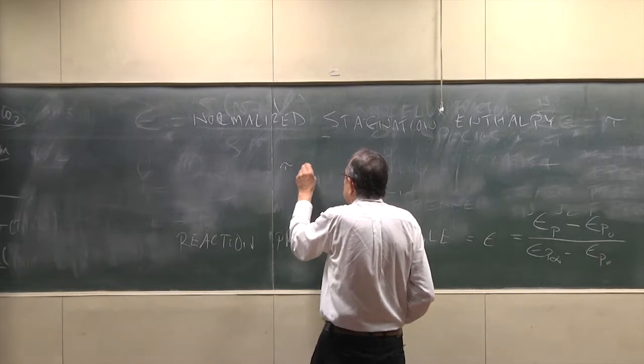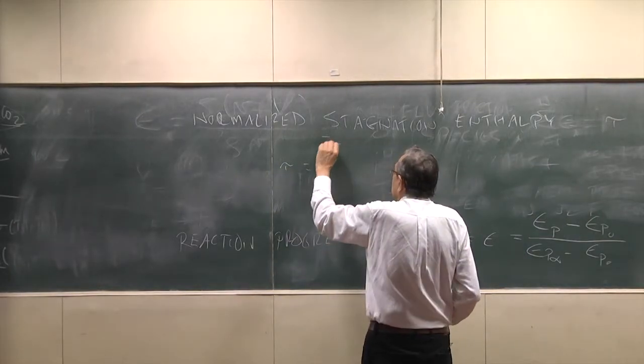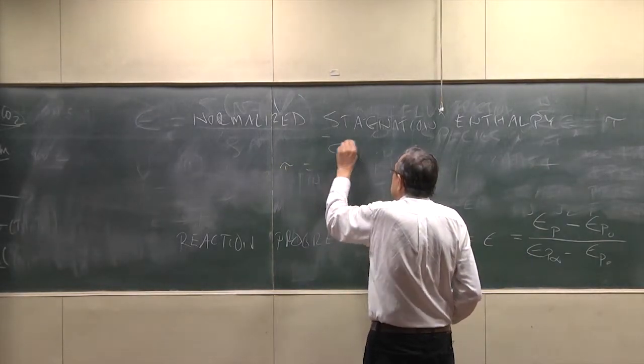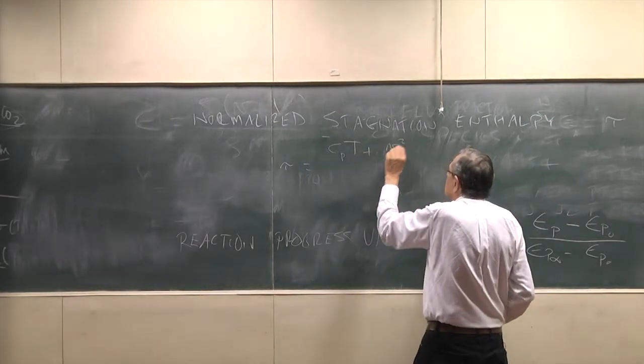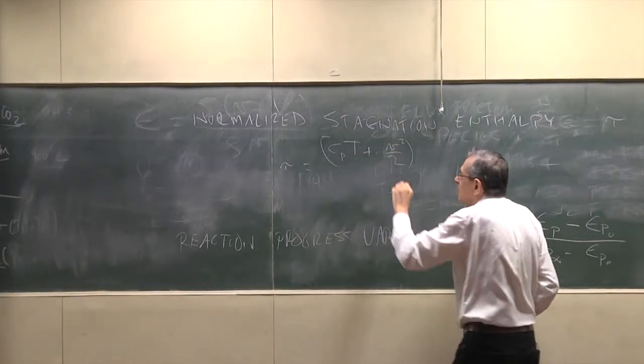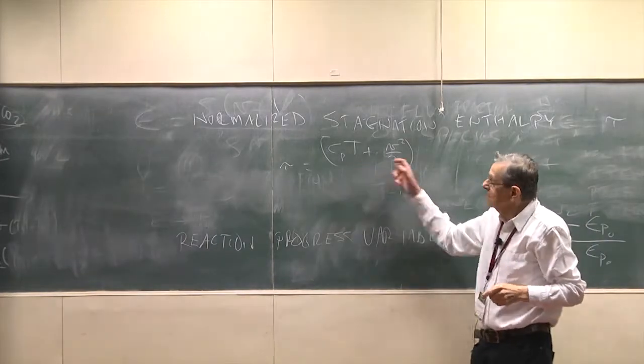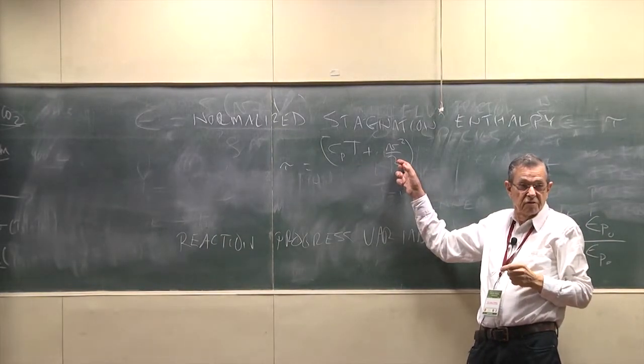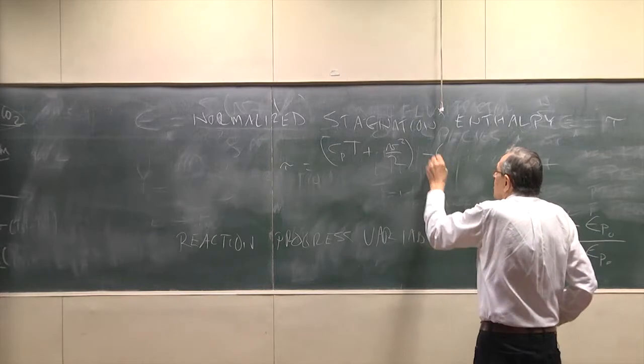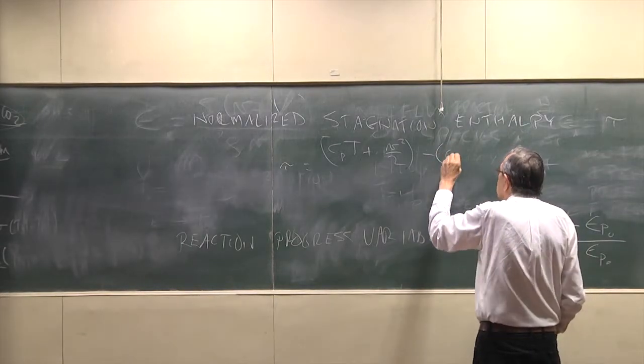So tau would be Cp T plus V squared over 2, the thermal stagnation enthalpy because of including the velocity, minus the initial value of that.